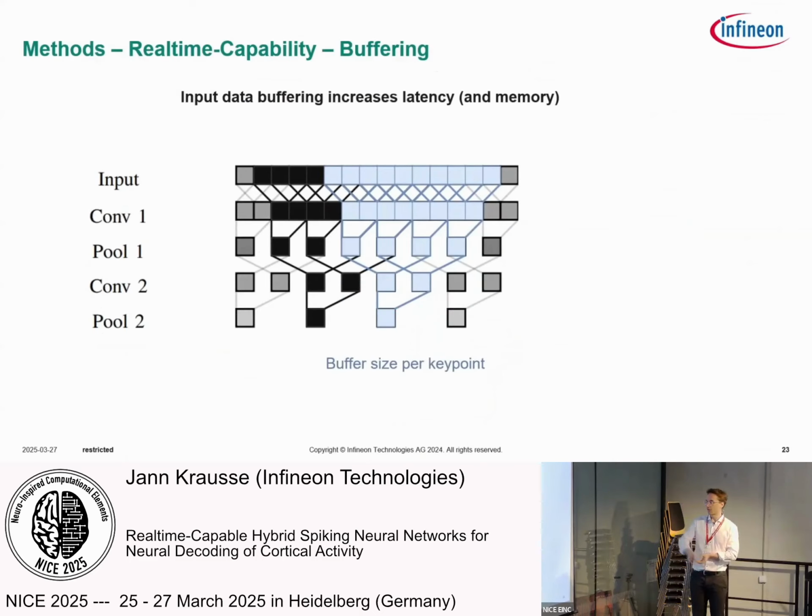Here at the bottom, those 4 points, and now it's probably good to use the laser pointer. Nice. Okay, so those points here at the bottom are the key points that are to be predicted, right? And all this blue marked area here is buffering of input data that is necessary in order to compute this one single point at the bottom.